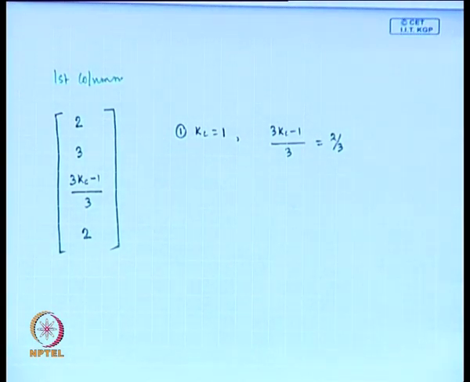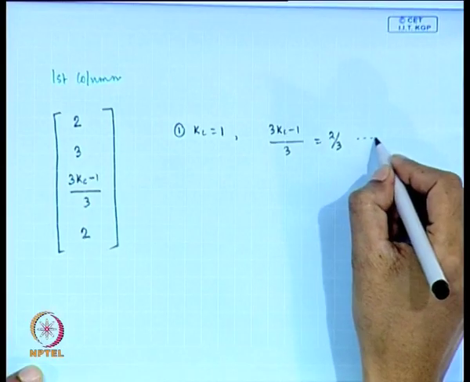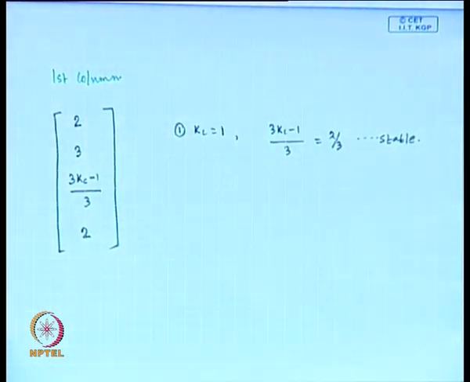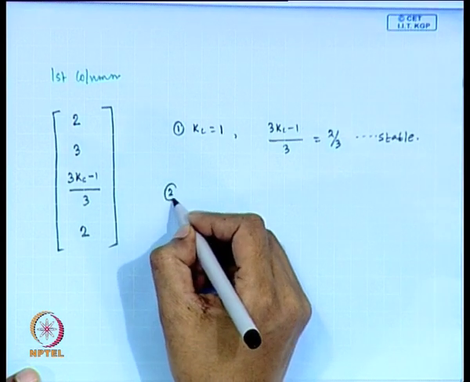So, is the system stable or unstable? The system is stable, because all the elements in the first column are positive. So, the closed loop system is stable when Kc is equal to 1.